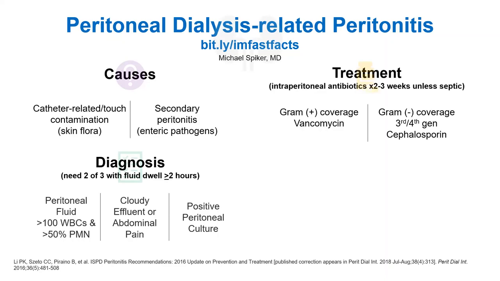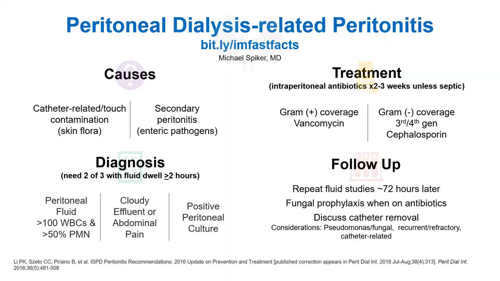Treatment is ideally intraperitoneal unless they're septic. We're covering for gram positives and gram negatives with vancomycin and a 3rd or 4th generation cephalosporin. And lastly, for follow-up, repeating fluid studies in 72 hours to make sure they're improving. These patients need fungal prophylaxis with oral nystatin, and then you need to think about whether they need their catheter removed.